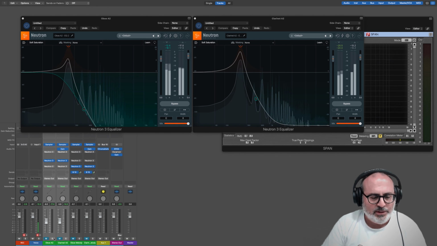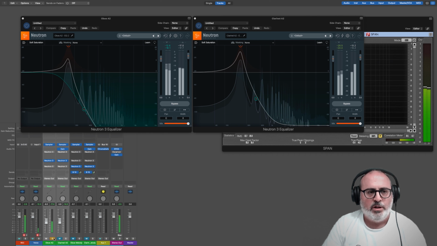Let's hear how this sounds. So here's the oboe, and here's the clarinet. So in this case, we start to hear some difference between them, but this difference is really small.